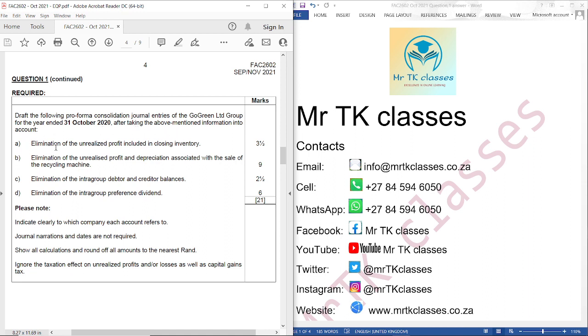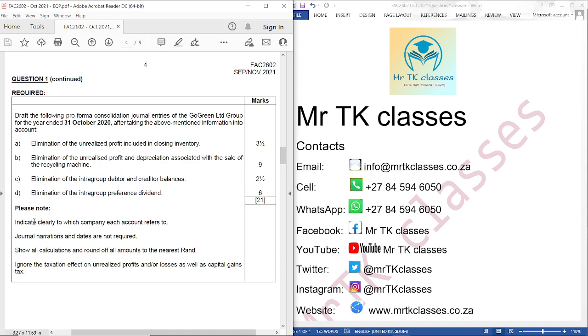A. Elimination of the unrealized profit included in closing inventory. B. Elimination of the unrealized profit and depreciation associated with the sale of the recycling machine. C. Elimination of the intra-group debtor and creditor balances. D. Elimination of the intra-group preference dividend.